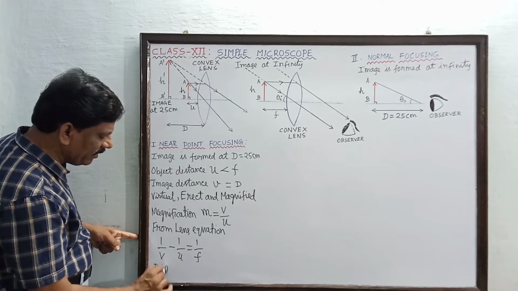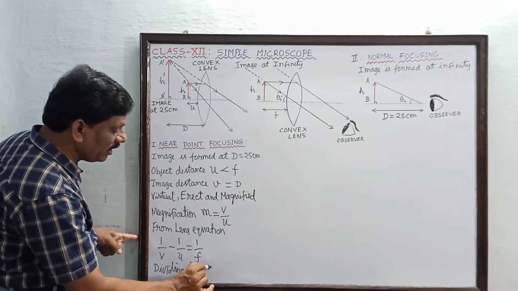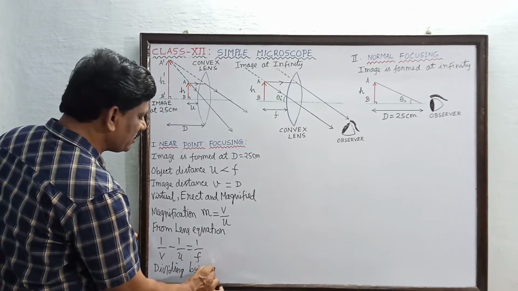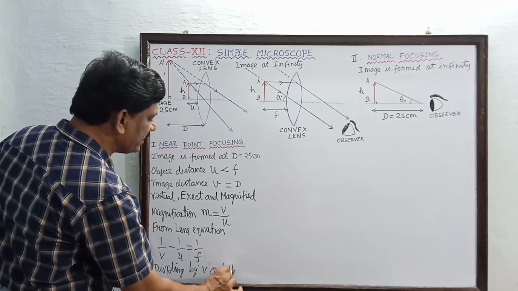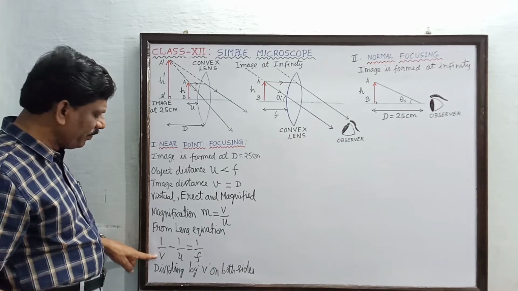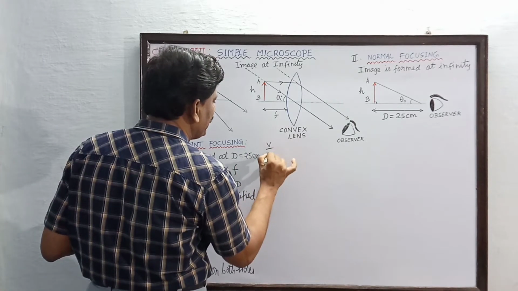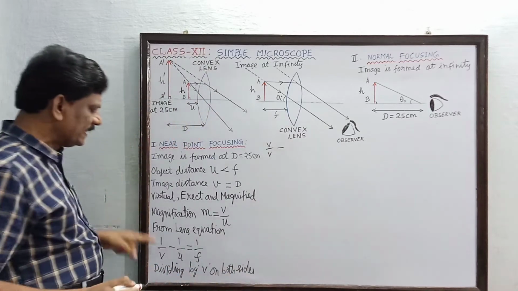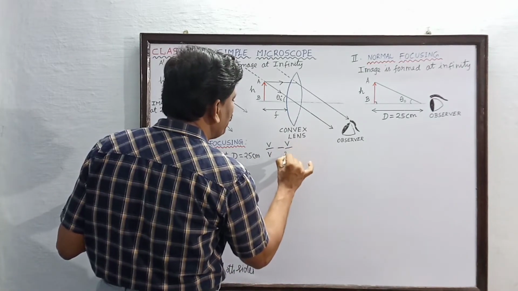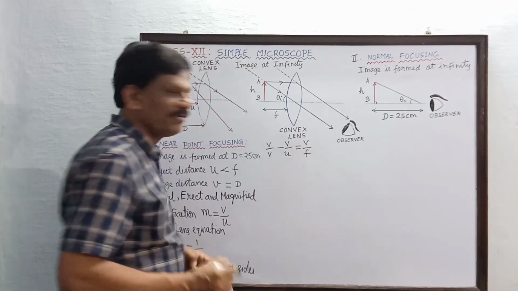When I divide by small v on both sides, what will be the first term? It will become v by v, minus the second term v by u, and the right hand side will become v by f.